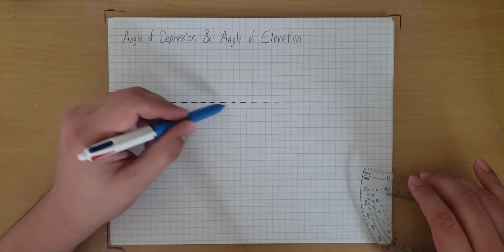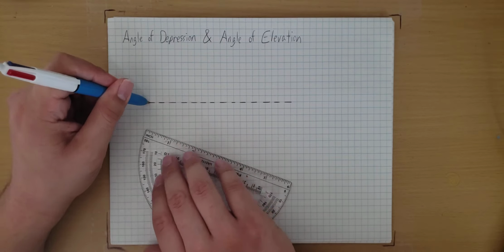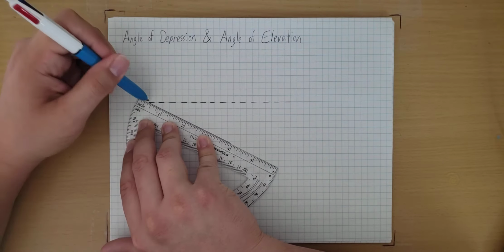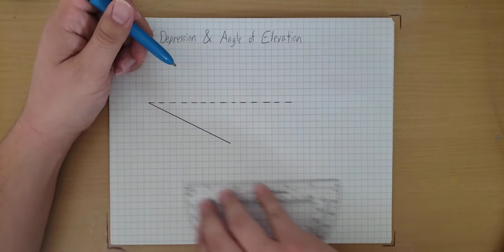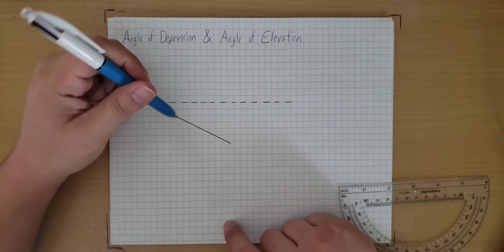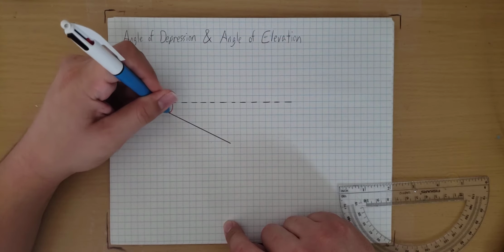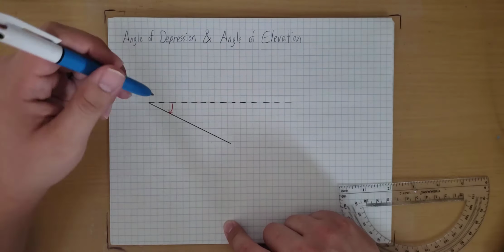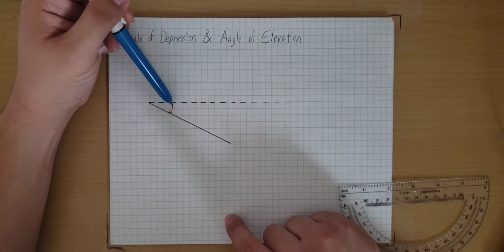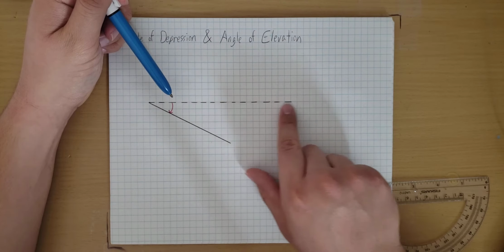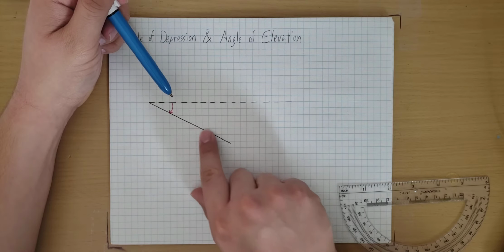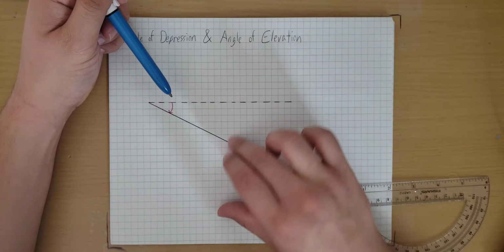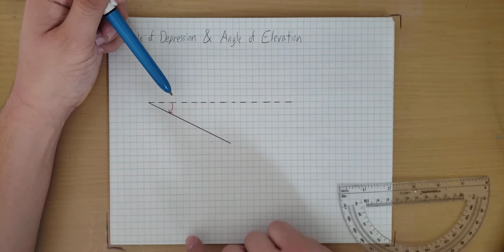So if I have this horizontal line and then from this end over here, then this angle would be considered an angle of depression. Because again, the definition: an angle formed by the horizontal line and a line of sight to an object below the horizontal line. So this is below, depression, down.